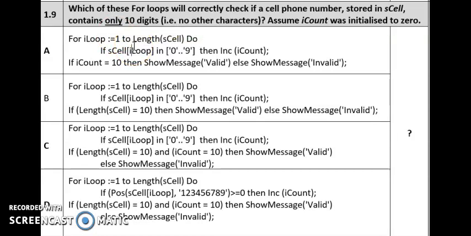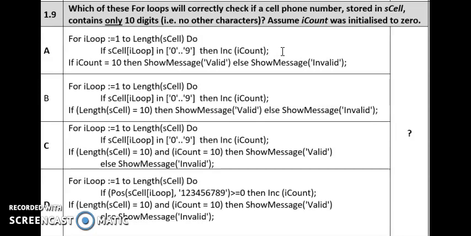Right. Let's have a look at the first one. For I loop equals 1 to the length of the string, if it's in 0 to 9, then increment the count. That looks pretty good.